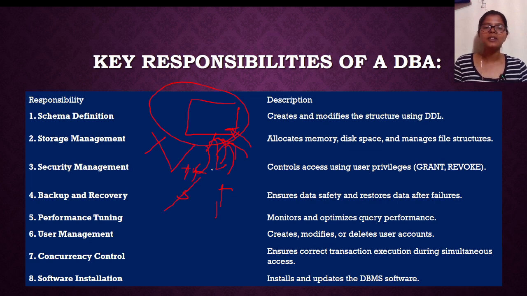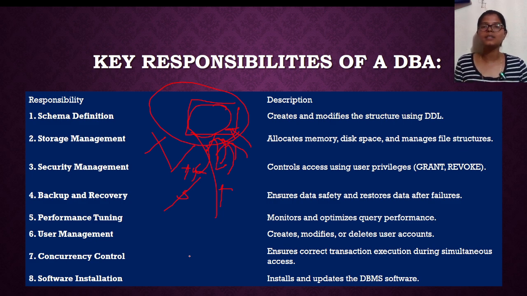When multiple people are trying to access the database, that also has to be maintained, and that comes under concurrency control. He also handles the installation process of the database software, and updates, each and everything. He is the database administrator. That product is mine, and I am the responsible person who has to maintain it properly. That is called a database administrator. Users use the database based on their requirement, but the administrator has to reach the user's requirement.